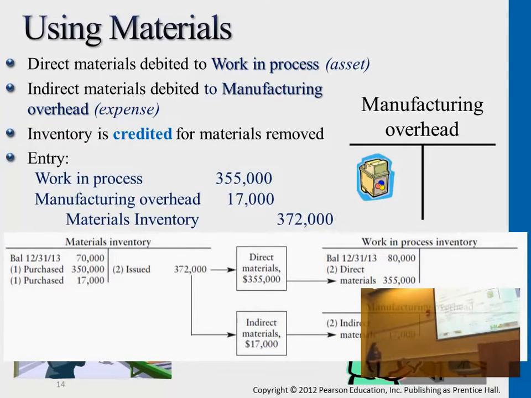Let's say from all the materials that we purchased earlier, we use $355,000 of direct inventory to transfer to work in process. And now a portion of that we're using as indirect materials goes into manufacturing overhead, $17,000.